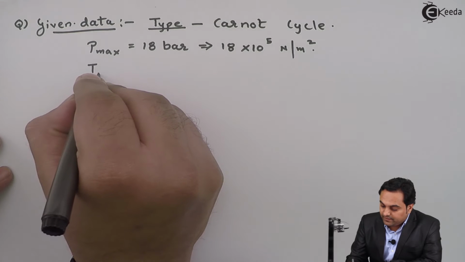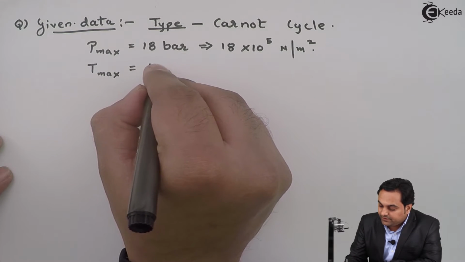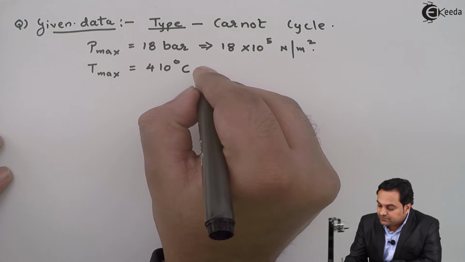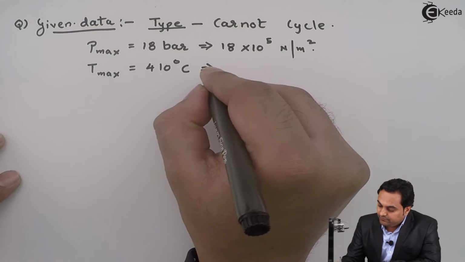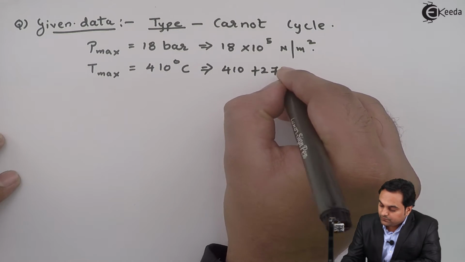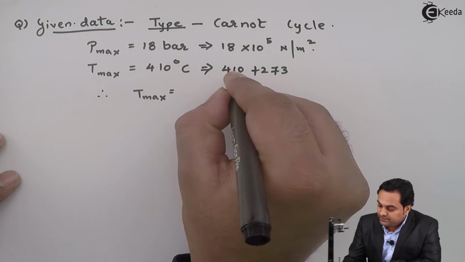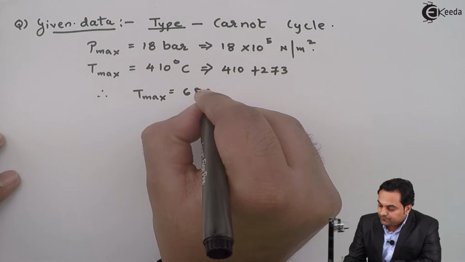So T max is equal to 410 degrees Celsius. So that will be 410 plus 273. Therefore the maximum temperature will be 683 Kelvin.